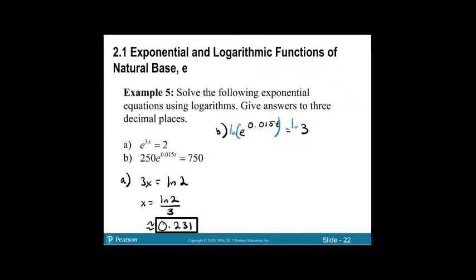These two are going to cancel. On the left, we're going to be left with 0.015t. On the right, we're going to have the natural log of 3. So then t, divide both sides by that 0.015. Natural log of 3 divided by 0.015. And so t is going to be approximately 73.241.